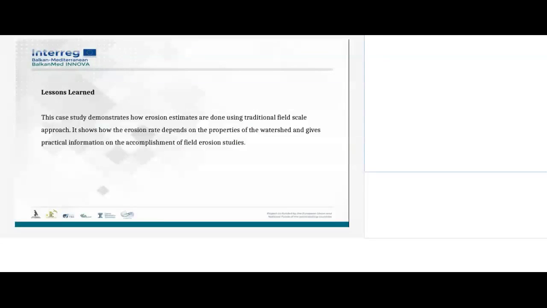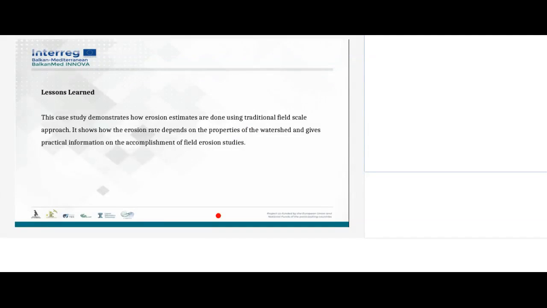What we have learned from this case study: it demonstrated how erosion estimates are done using the traditional field scale approach. Moreover, it shows how the erosion rate depends on the properties of the watershed, and also gave information on the accomplishment of field erosion studies.